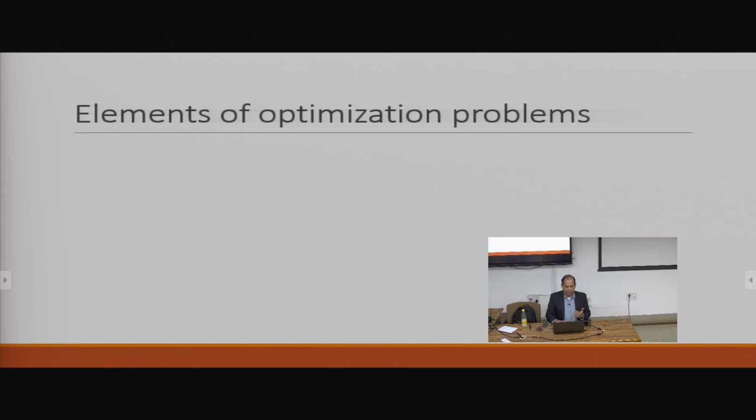So, just a brief overview of what optimization problems look like. There are three elements of an optimization problem. The first is the objective or objectives. You could do a single objective optimization. Connecting this with the decision analysis part of this course, if you have the utility function and you're trying to maximize it, you have converted all your attributes and the trade-offs into a single objective.